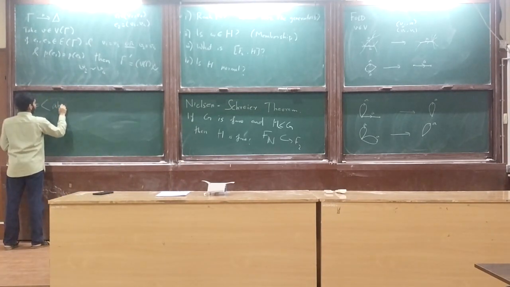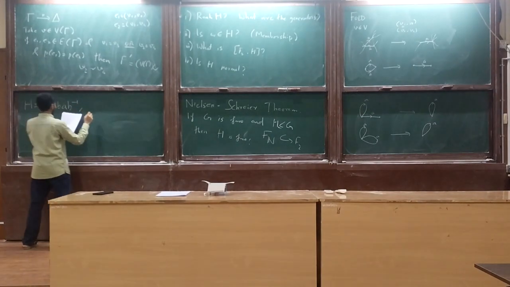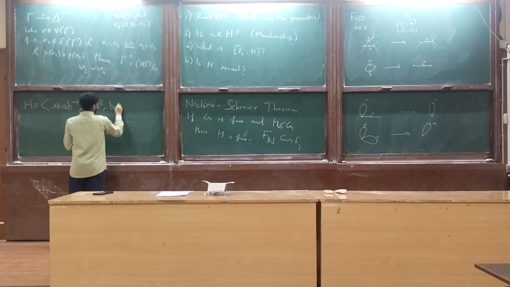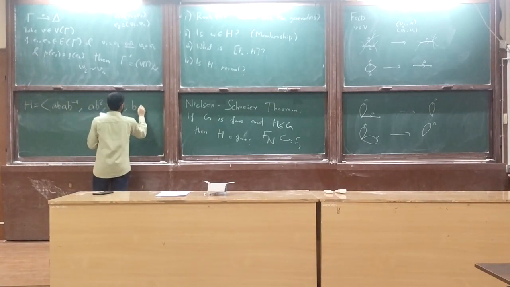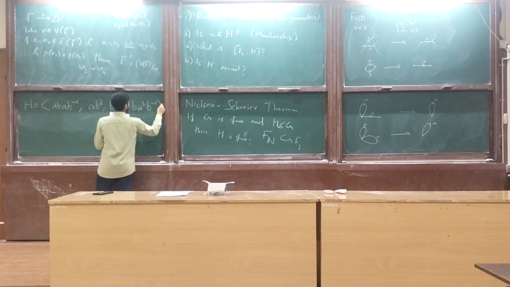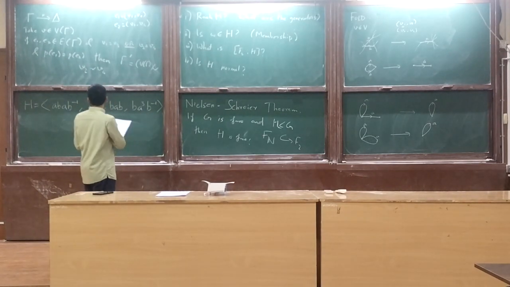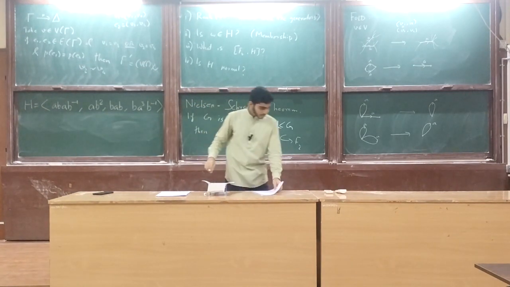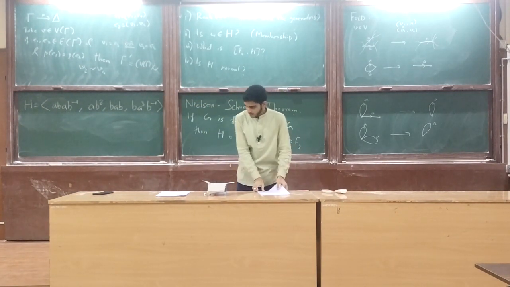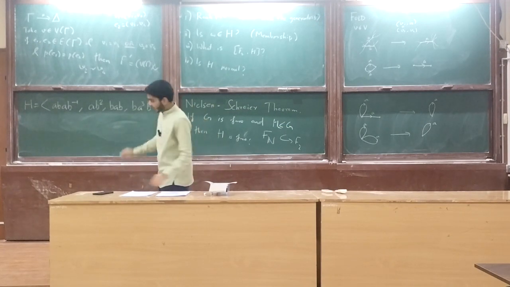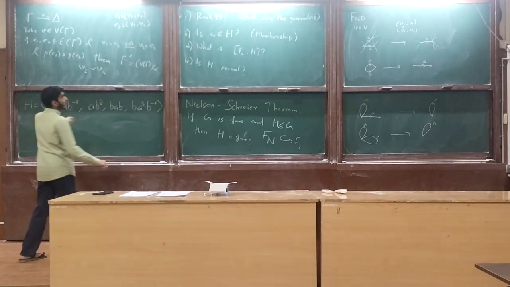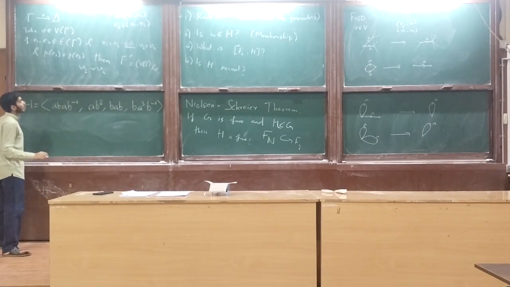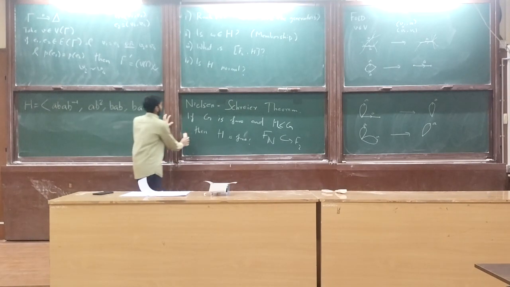H is AB, AB inverse, AB squared, BAB, and BA cubed, B inverse. So this is what H is, and we want to find out the answers to those questions for H. So how do we do that? We'll start.